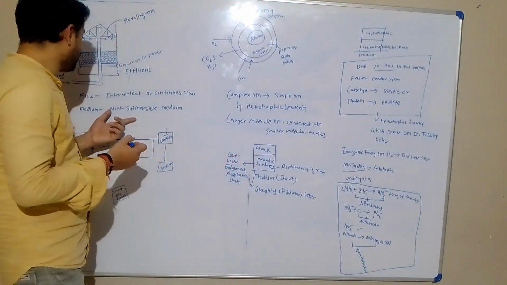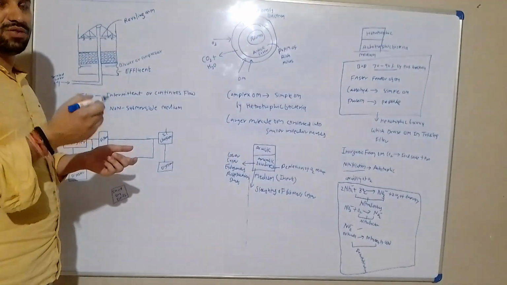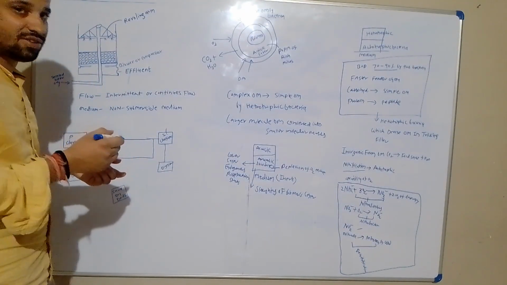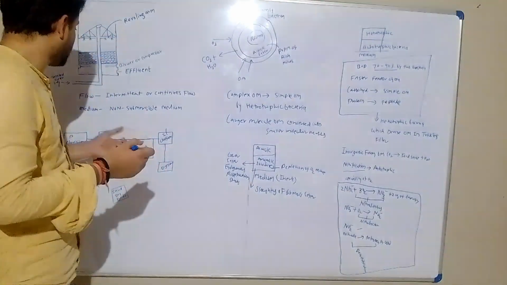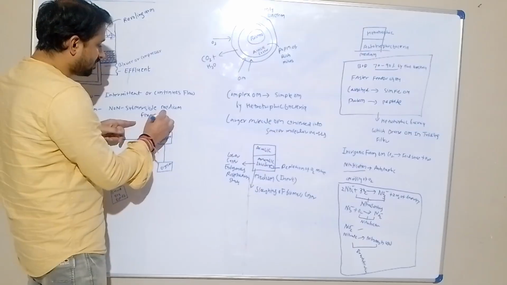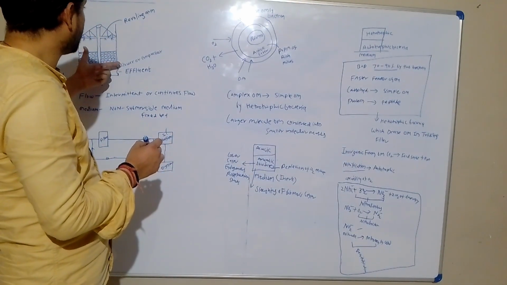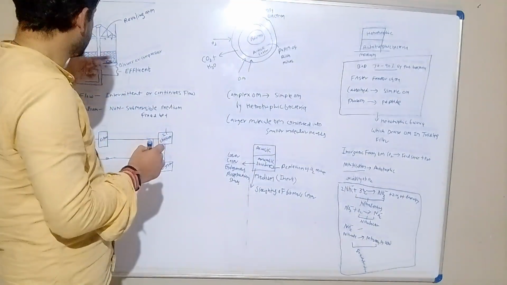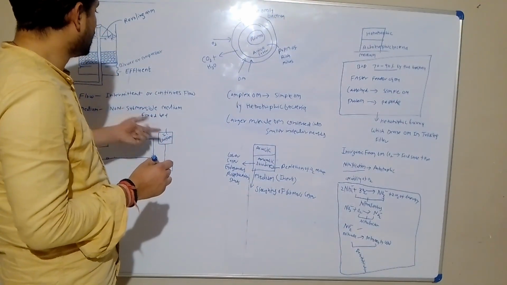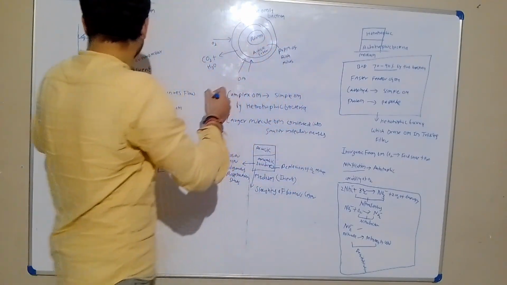It is non-submersible because there is also a movable or rotating type of fixed bed in wastewater treatment plants. So the fixed bed is provided as an inert material in this trickling filter, and the biomass layer is formed over this filter media.